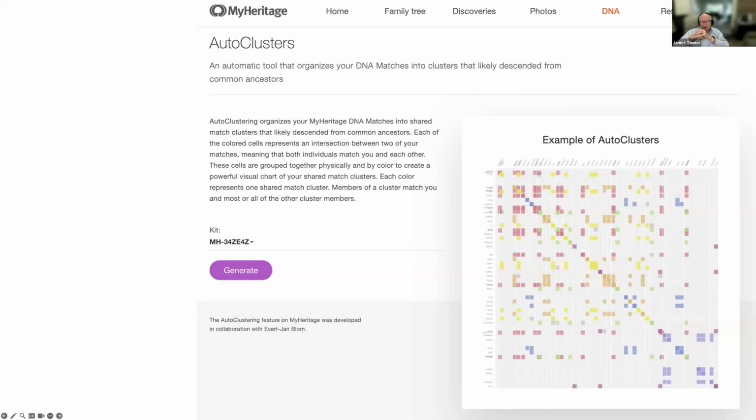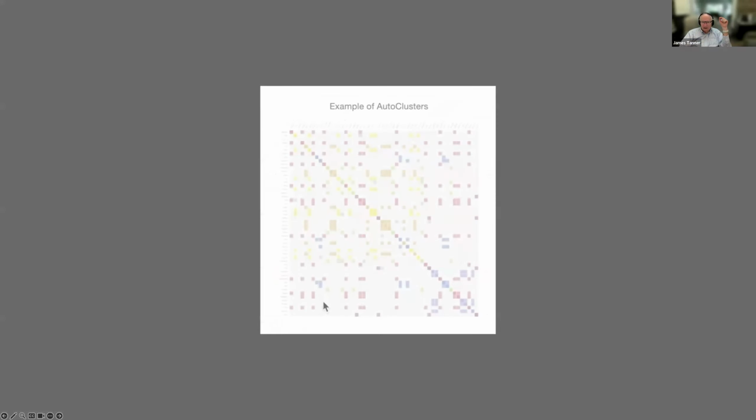The closer those people are to each other, the more color or the more compact the relationships become. It's generated from your DNA, and it does this whole thing automatically. You don't have to worry about finding the names or anything else.